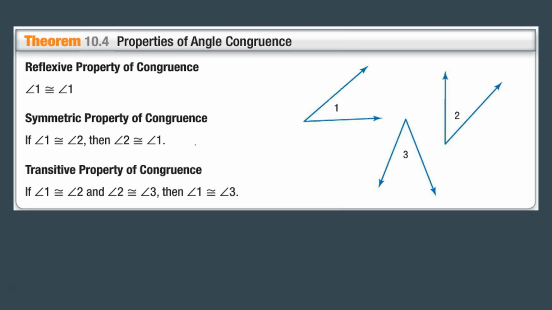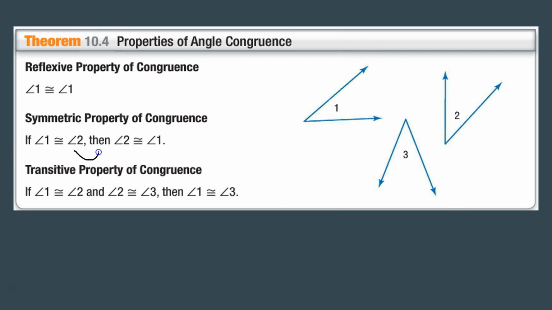Then we have the properties of angle congruence. The first one we have is the reflexive property of congruence. Angle 1 is congruent to angle 1. Think about this one as it's a clone of itself. Then we have the symmetric property of congruence, which says if angle 1 is congruent with angle 2, then angle 2 is congruent with angle 1.